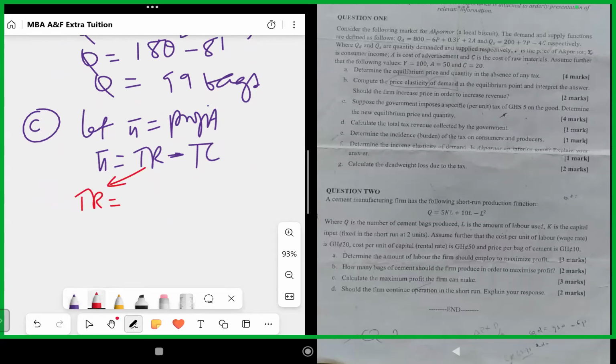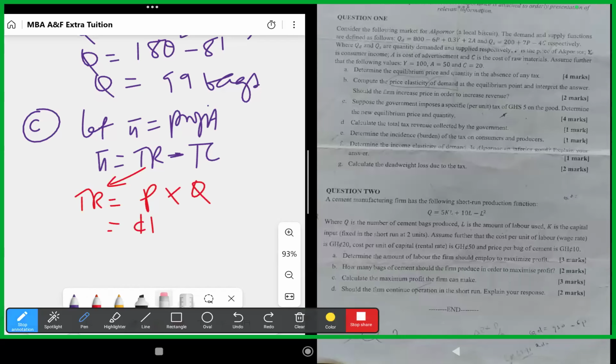So total revenue will be equal to what? Price times quantity. What is the price? Price is 10, right? So from the question, price is 10 cities here. And like we said, how many bags is referring to the quantity here. Quantity is 99.